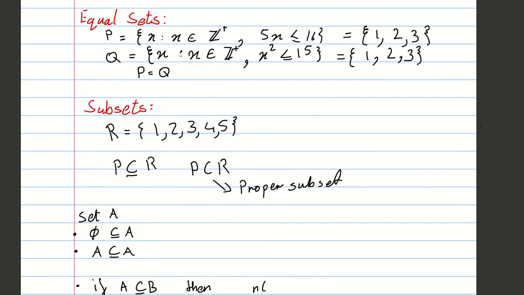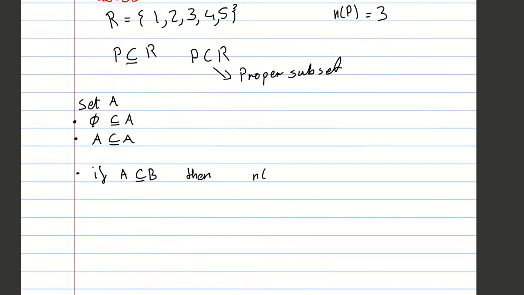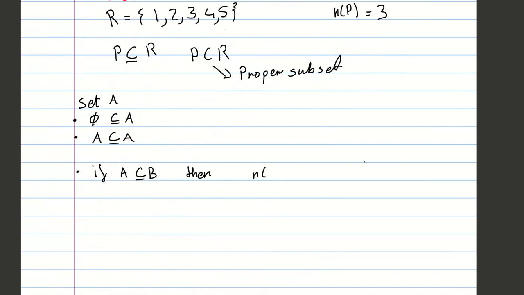Like the number of elements of P is equal to 3. So the number of elements of A is less than or equal to the number of elements in B.